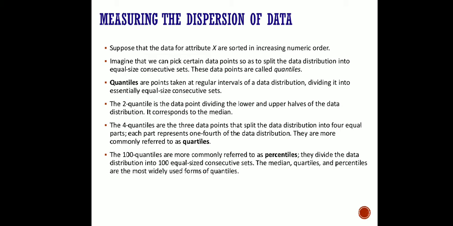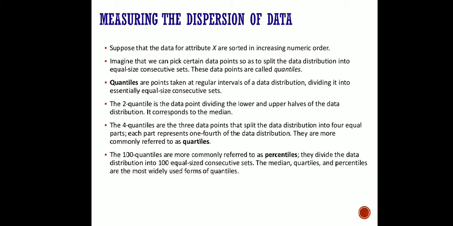If we consider 2-quantile, then it divides the data points into lower and upper halves. That means it will correspond to the median, because we focus on the mid value. If it can be divided into 2 equal halves, the lower and the upper half, then the middle position will correspond to the median.